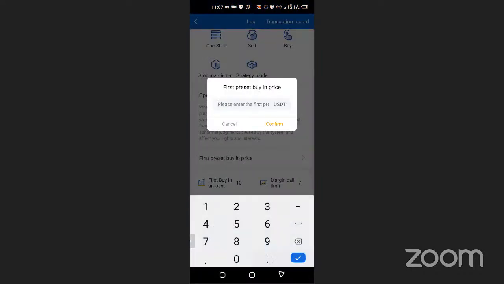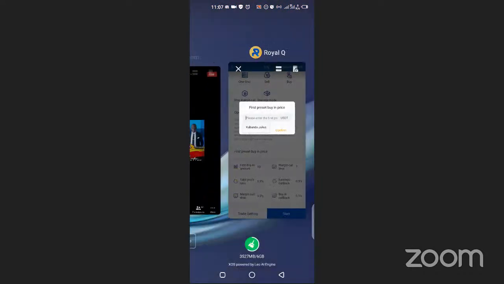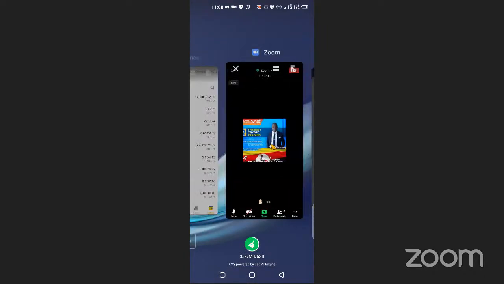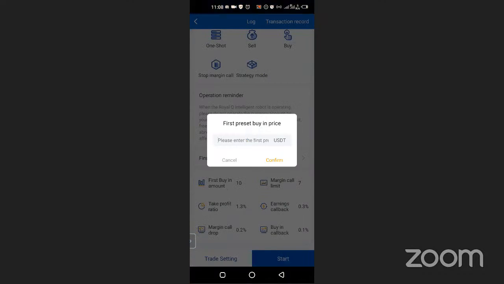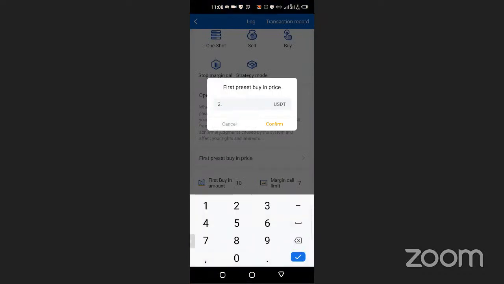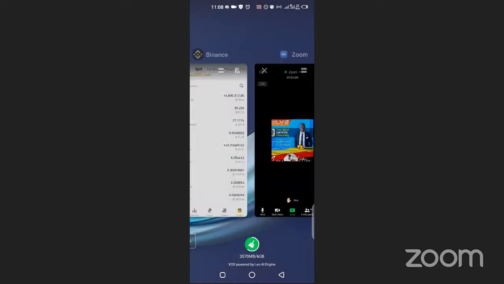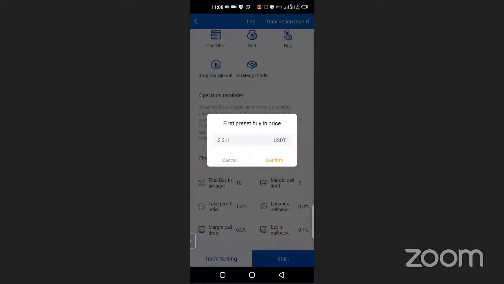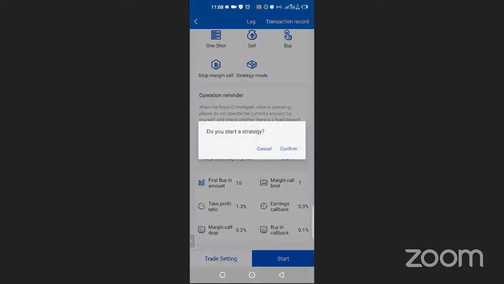Let me repeat the entry price. It's 2.132.311. Am I right? Now I confirm. Then I start the trade.